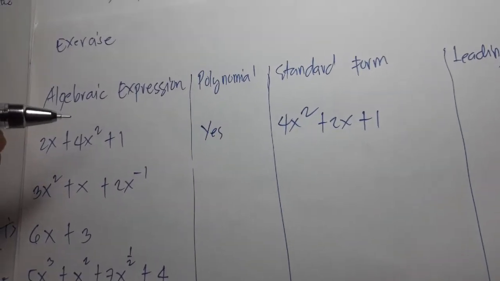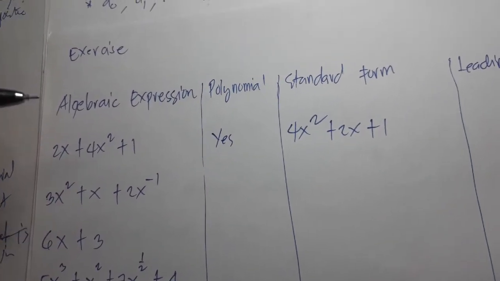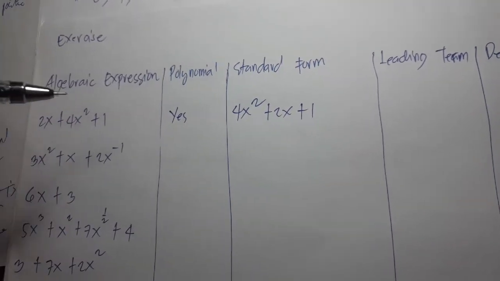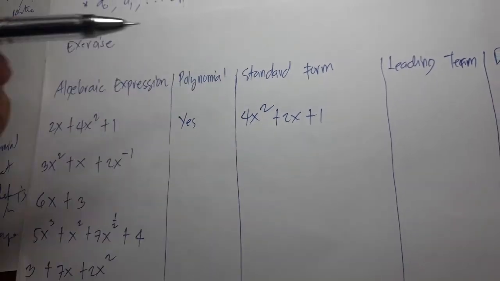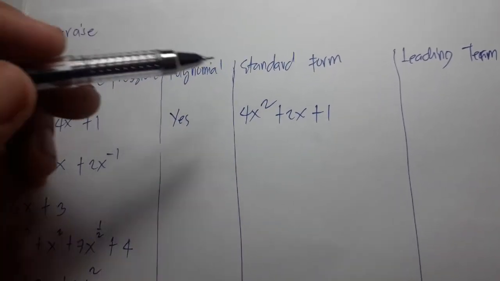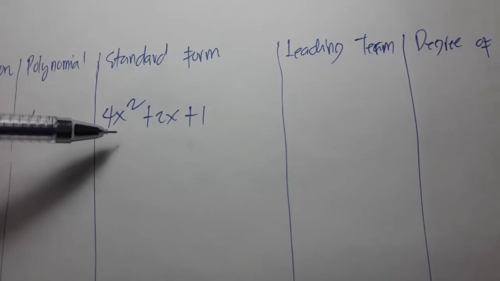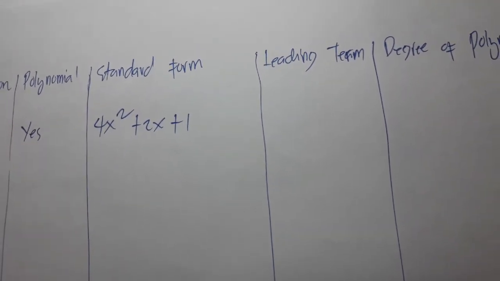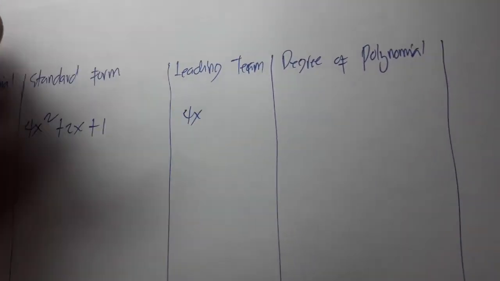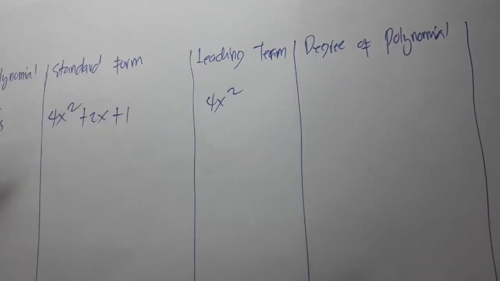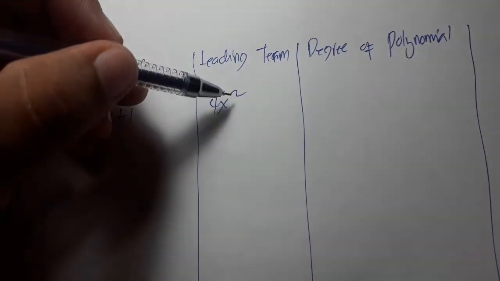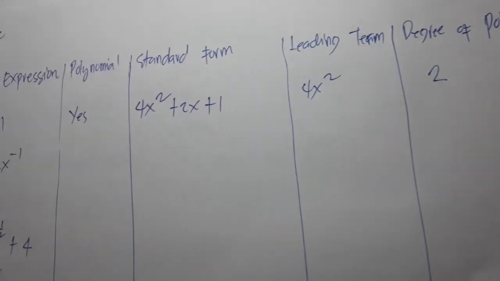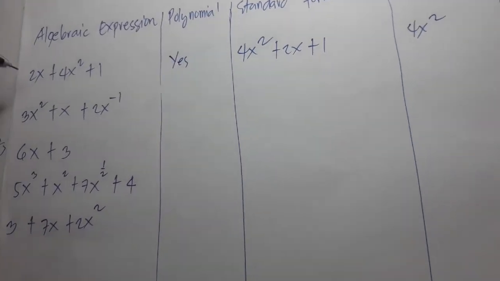In mathematics, it is commonly used in standard form. Our leading term is the term that has the highest exponent, 4x squared, then the degree is the highest exponent, 2. Okay, we are done with number 1.